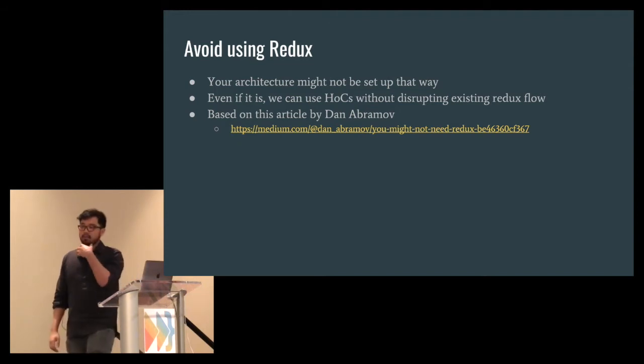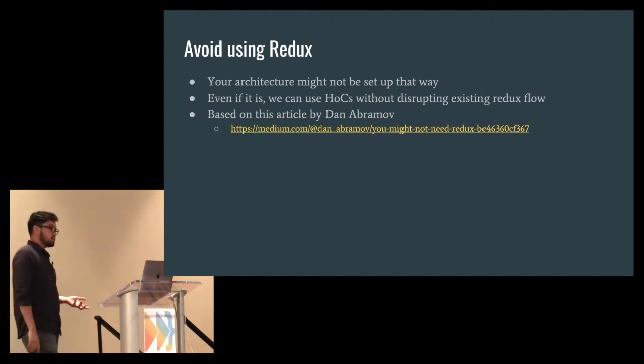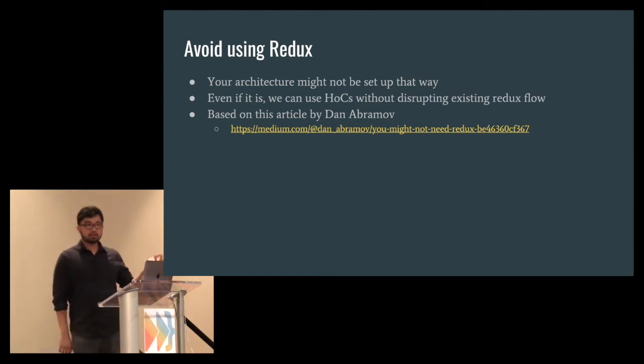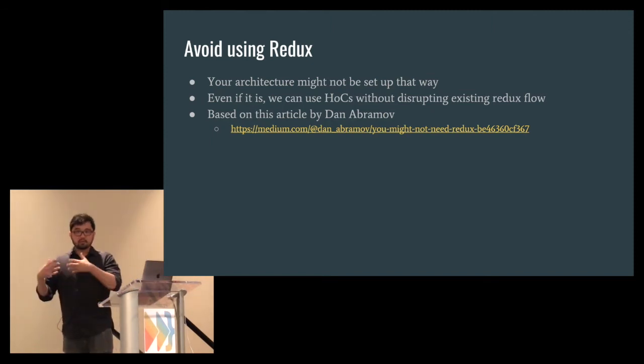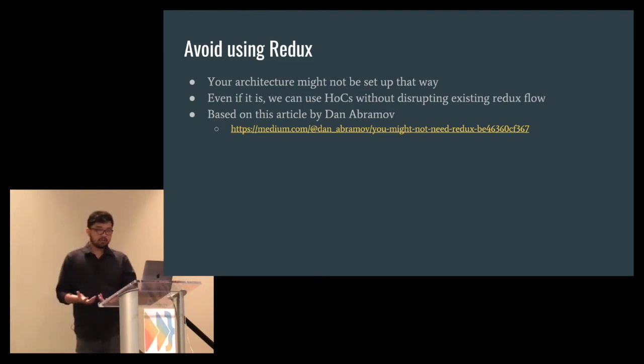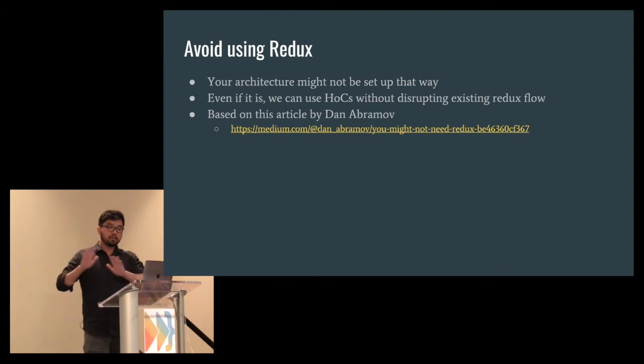I talked about this a little bit earlier, but we want to avoid using Redux because every architecture is different. Every React application I've seen has its own implementation of Redux. Some people use Relay, or GraphQL. The way that we want to introduce real time should not be affected by what your architecture is like.